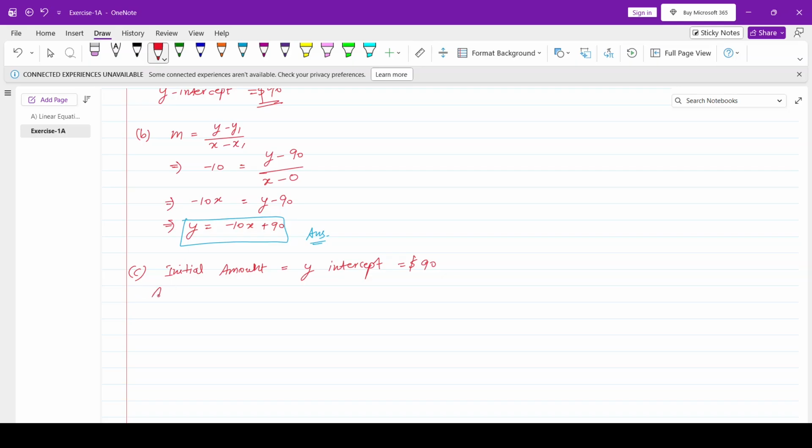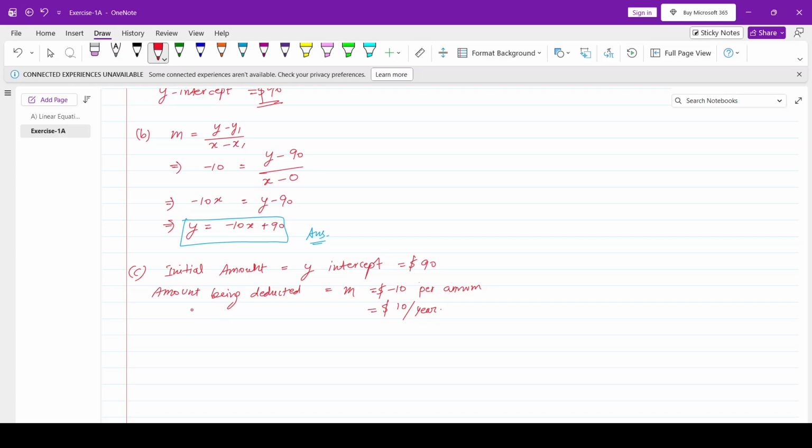Now the amount being deducted, which is m, is minus $10 per annum, or we can say $10.